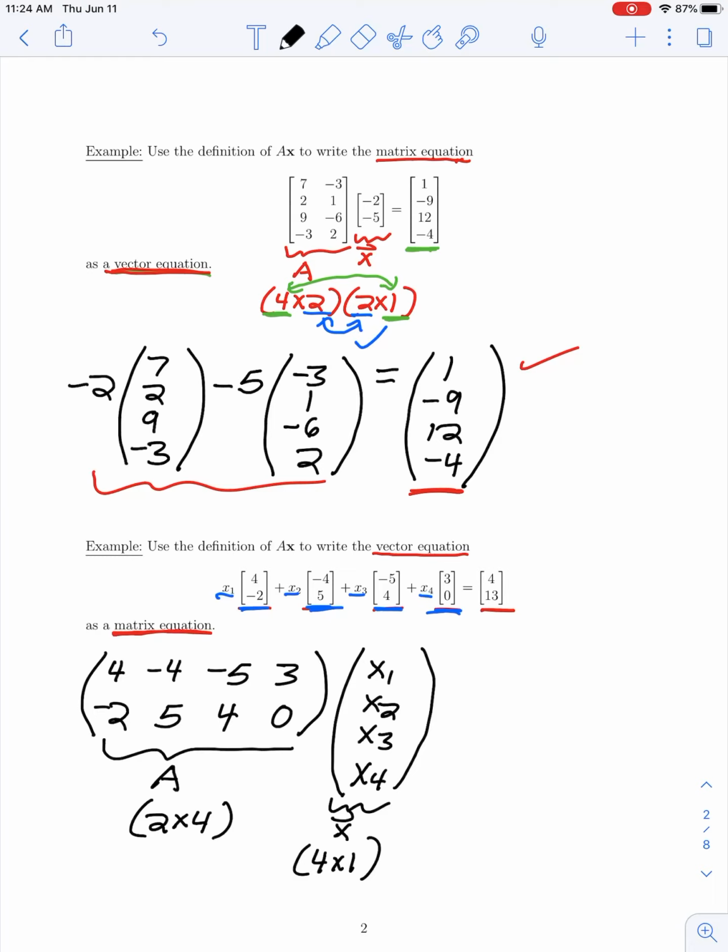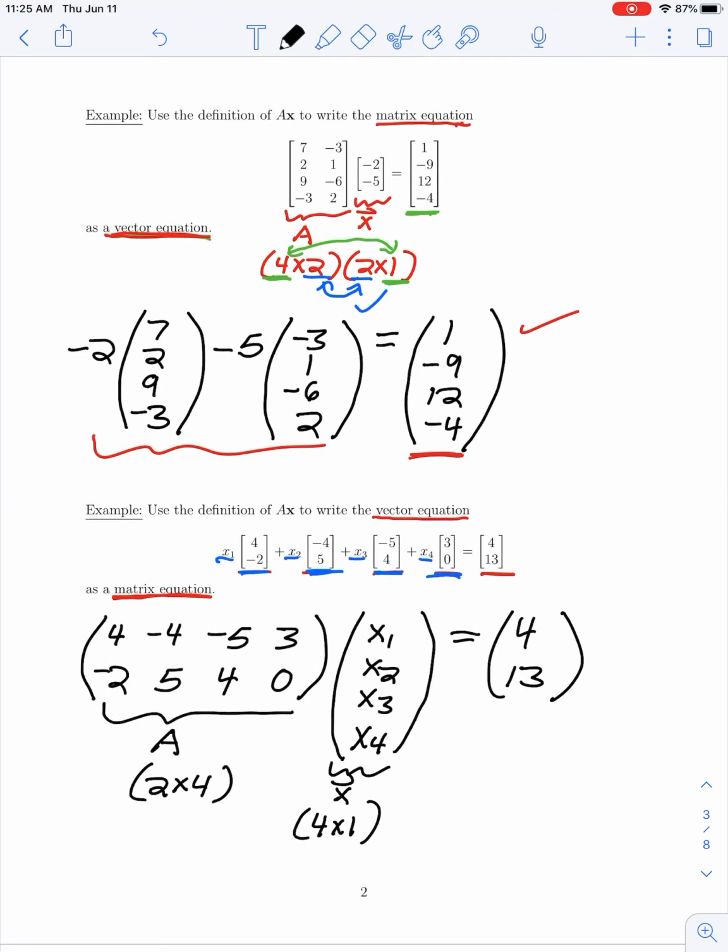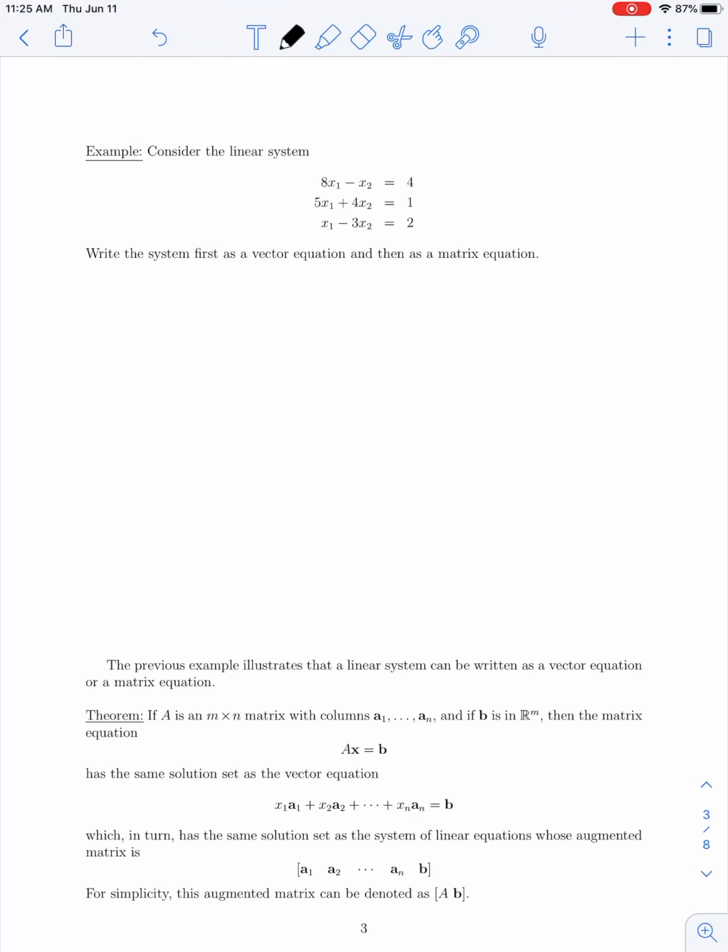Taking the product of a 2x4 matrix with a 4x1 vector, we should get back a 2x1 vector, which is the vector 4, 13 on our right-hand side of the equation. So this equation that we were given involving vectors has now been rewritten in terms of a matrix times a vector, which is known as a matrix equation.